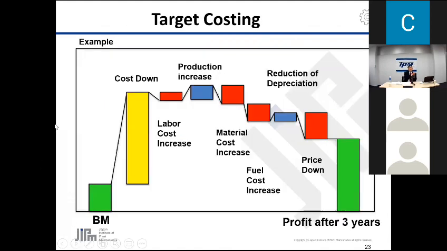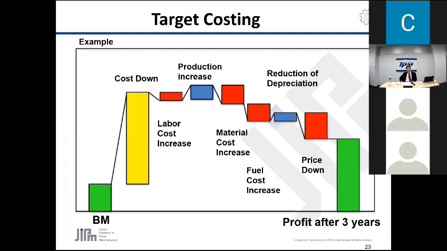So how do you make your target, for instance, for the next 3 years? The benchmark is the profit we have right now, and how much we have to make cost down. Labor cost must increase, but it can increase production. Material cost must increase, and also fuel cost.